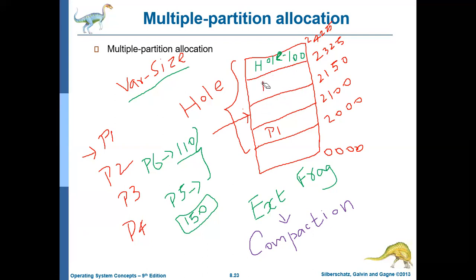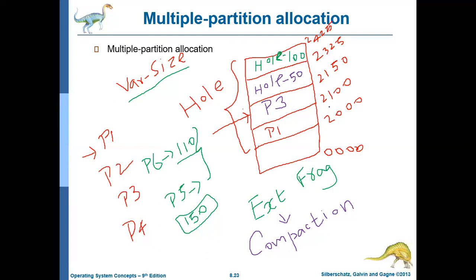So P3 will come here. This addressing will slightly change. P3 will come here, and this hole will go here, and this hole will go here. This hole size is 50 MB. P3 size is 175 MB.